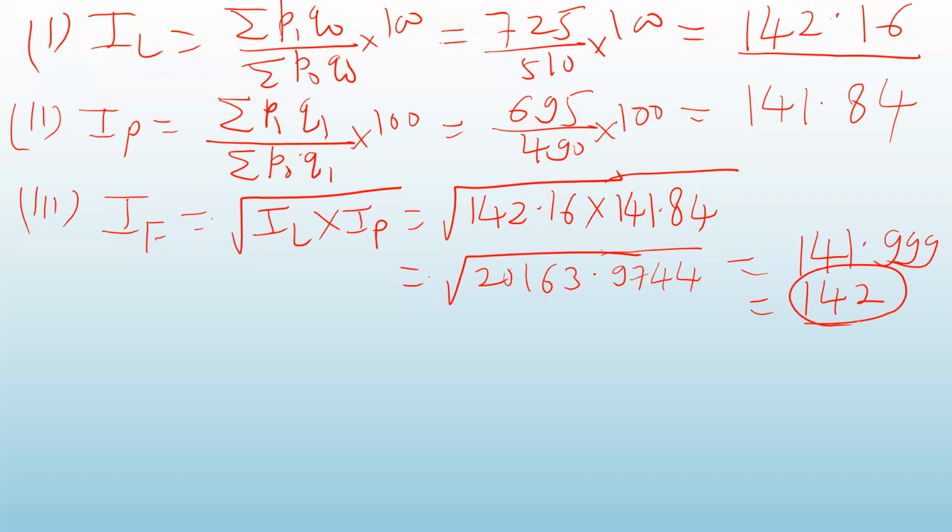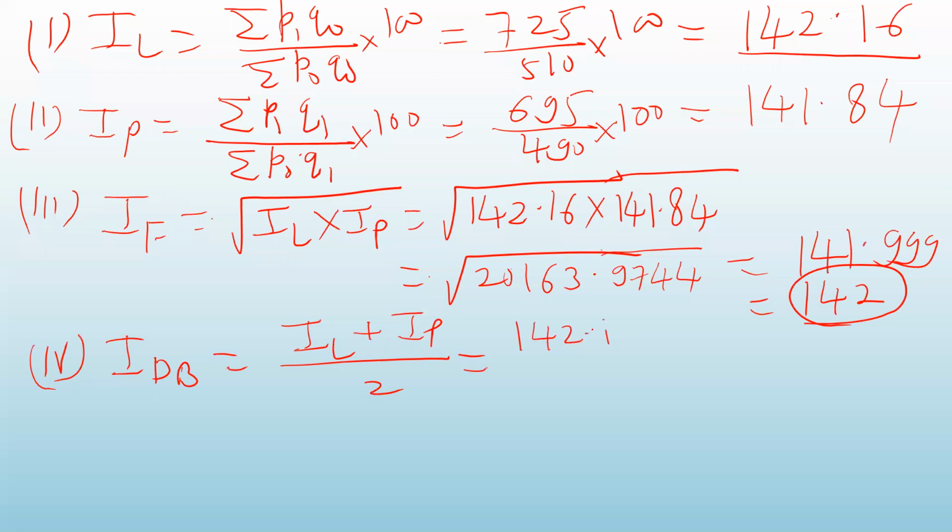Now the fourth one, IDB. IDB is the arithmetic mean of IL and IP. So it is IL plus IP divided by 2. What is IL? Just now we have written 142.16, plus IP is 141.84.